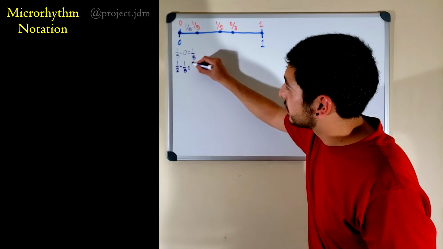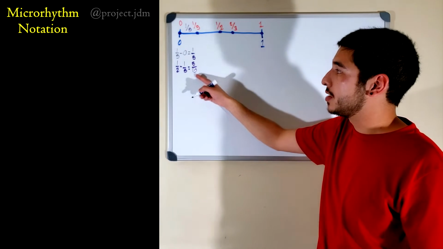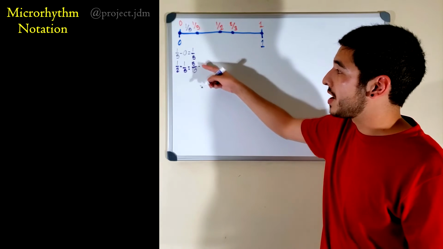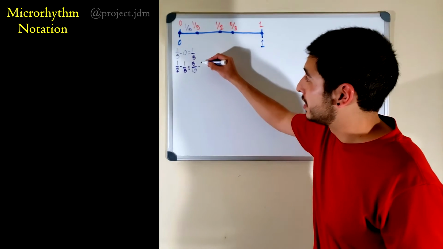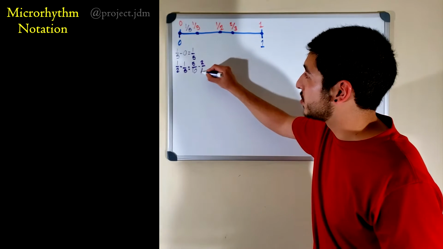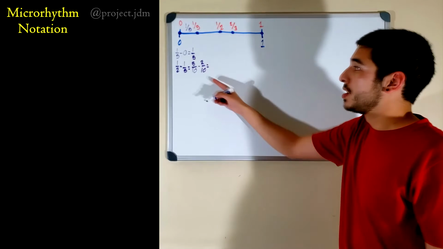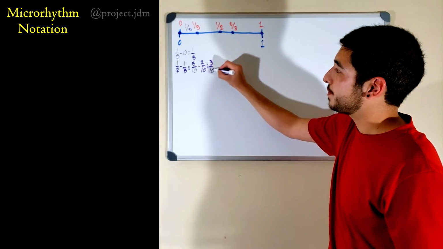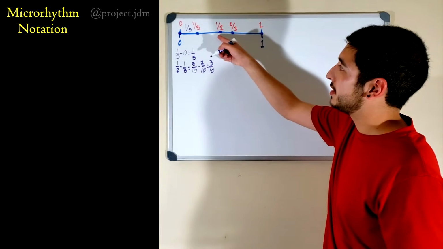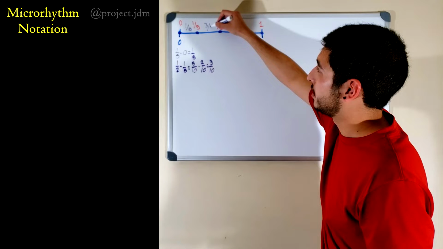We're going to rewrite everything with 10 on the bottom because that's the common denominator between 2 and 5. So 5/10, and 1/5 is the same thing as 2/10. So now we rewrote each of these fractions with 10 on the bottom because of the common denominator. After we subtract, we get 3/10. So now we know that this note lasts for 3/10 of the beat.